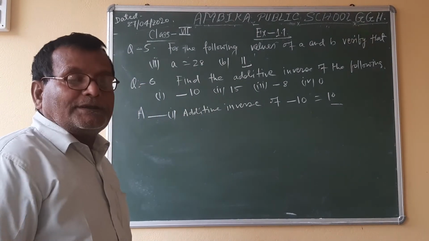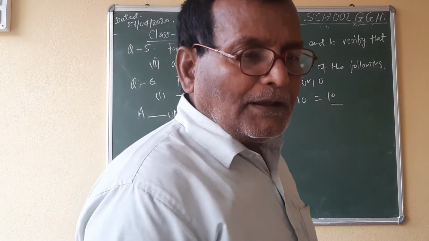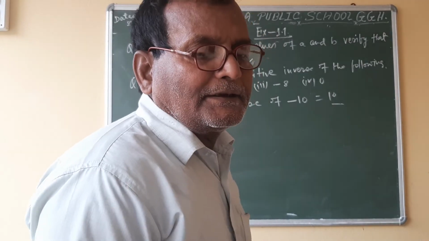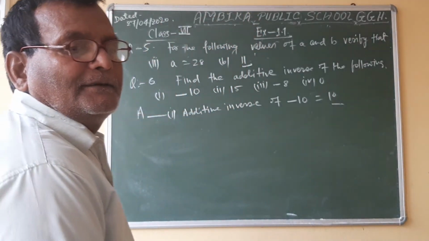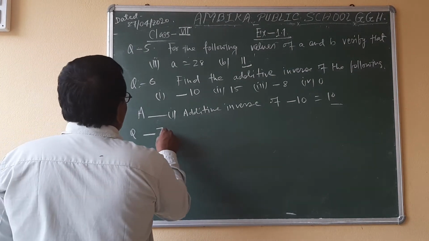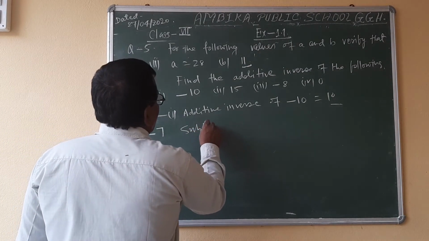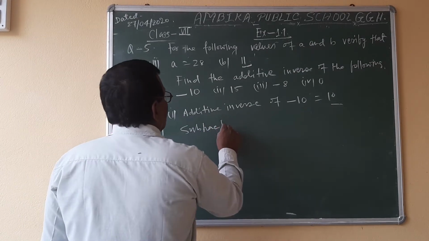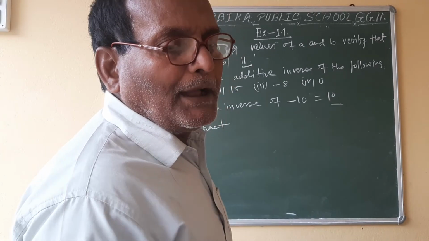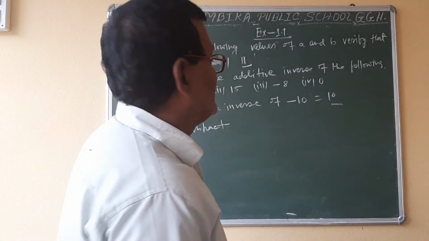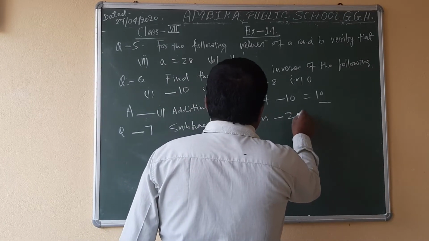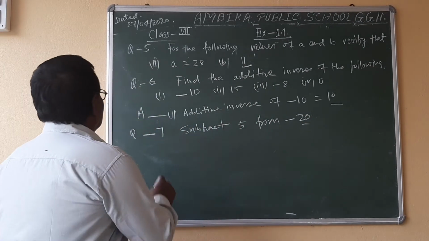Now I am going to discuss question number 7. Subtract 5 from minus 20. Answer.